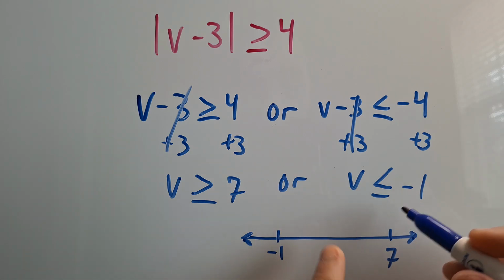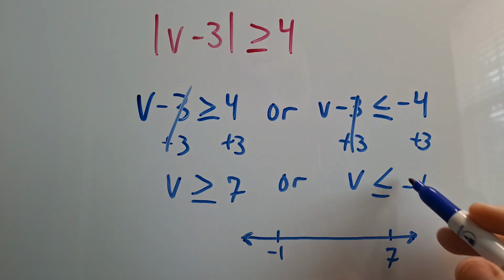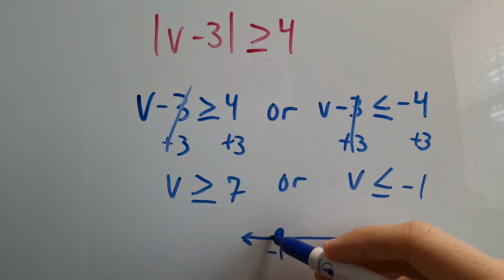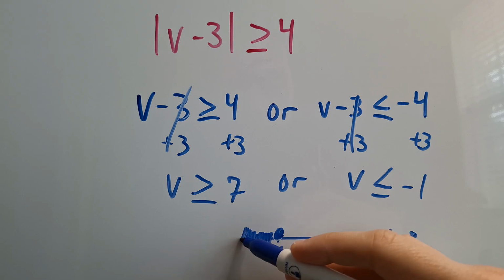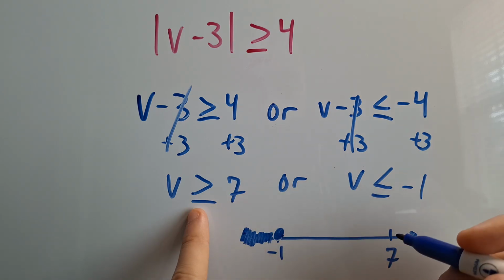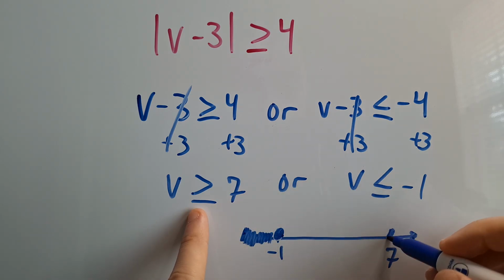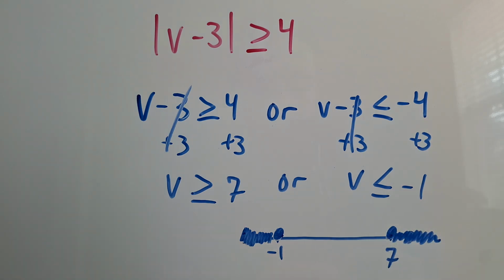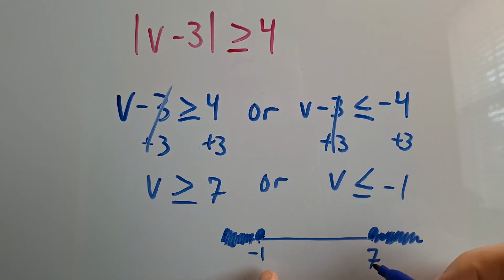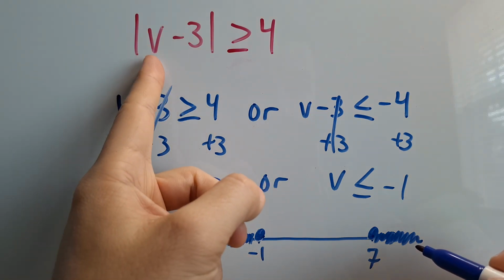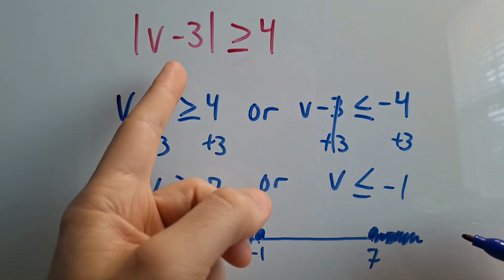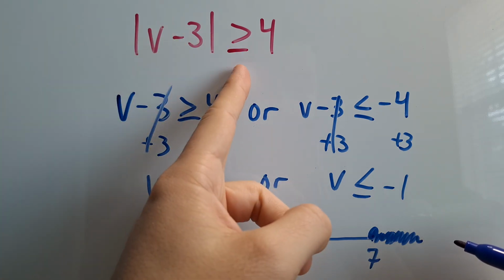This is telling us for any value v that is less than or equal to -1, this will make the inequality true. Or any value of v that is greater than or equal to 7. So realistically, if we plugged in a number between -1 and 7, say if we plug in 0, 0 minus 3, that's -3, the absolute value of that would be +3. 3 is not greater than 4.